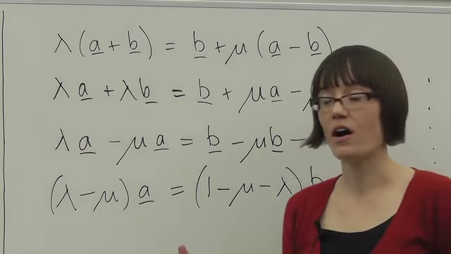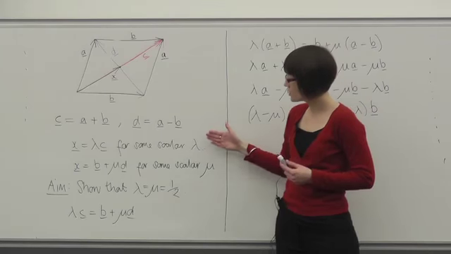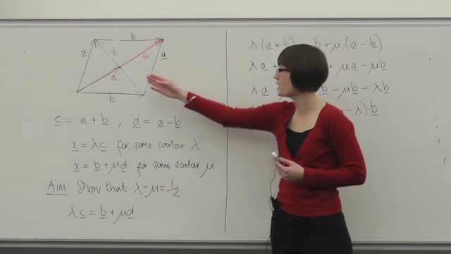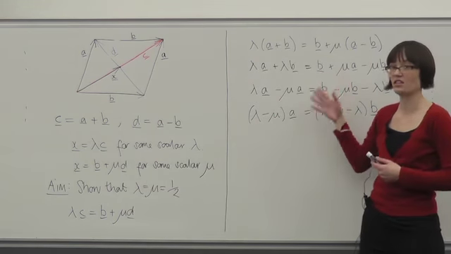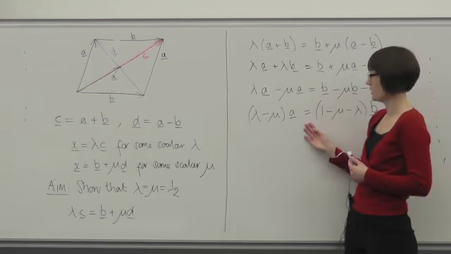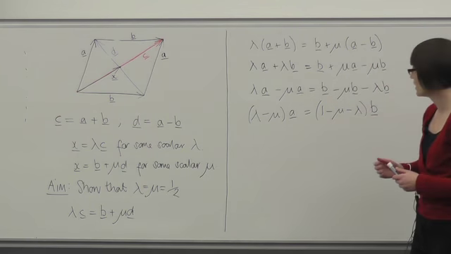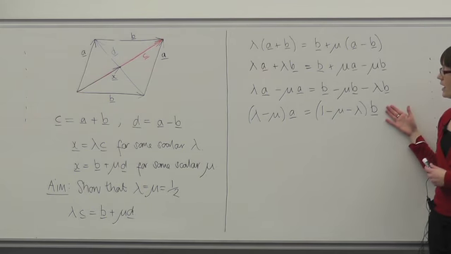Okay, so all I've done so far is I've written down two different expressions for the vector X, I've equated them, and then I've just rearranged things a little bit until I've got to something that looks quite useful. So let's have a look at this expression we've got now. What does this say?